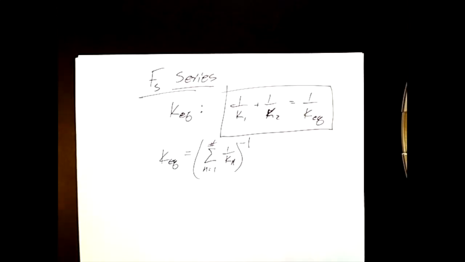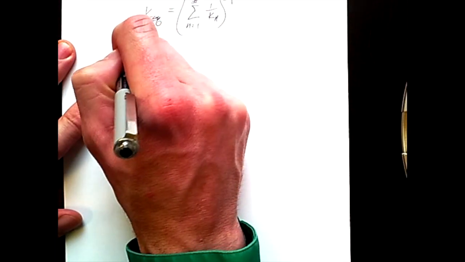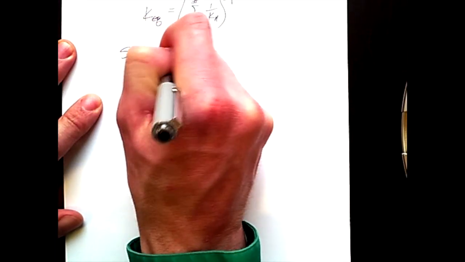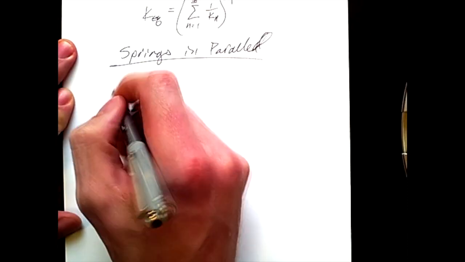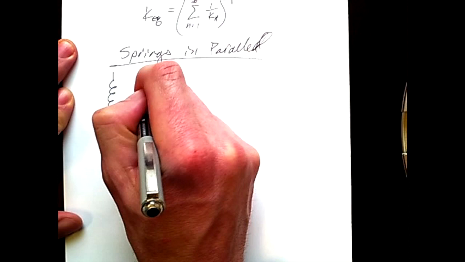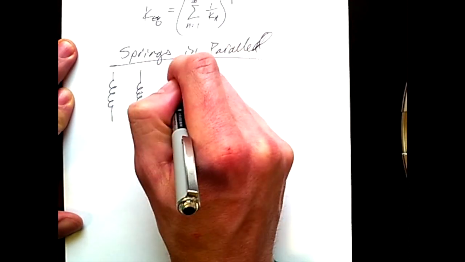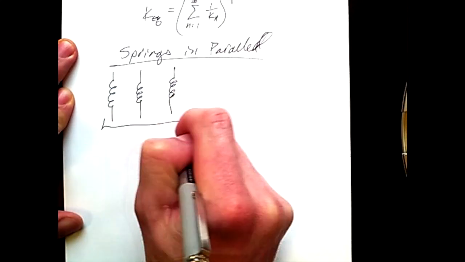Now, if we switch and consider springs in parallel, then we're looking at a system where I've taken multiple springs and connected them to a system like this, where I have one large connection and these anchored across the top like this.